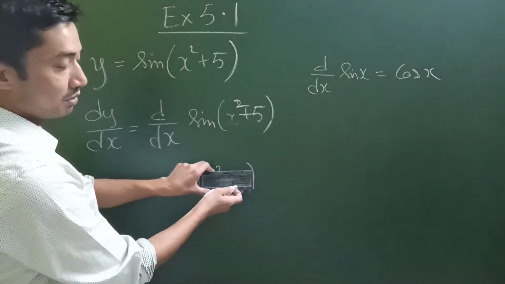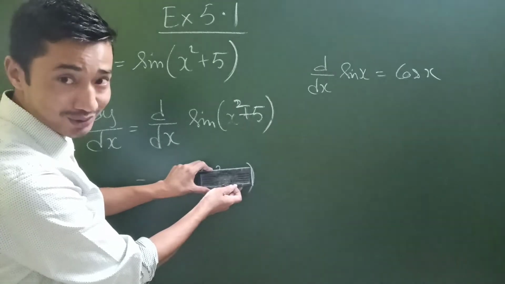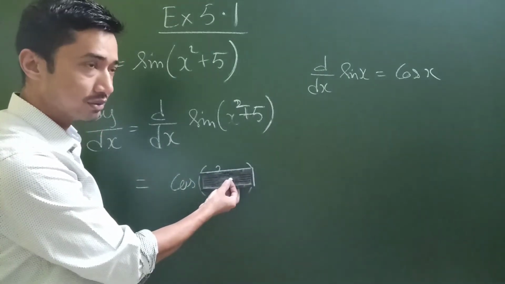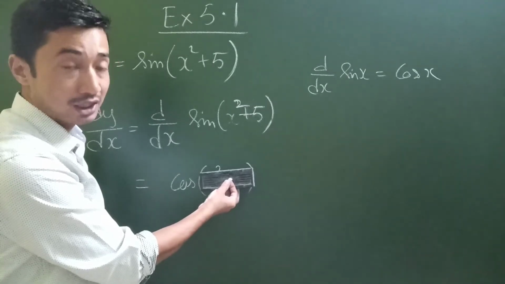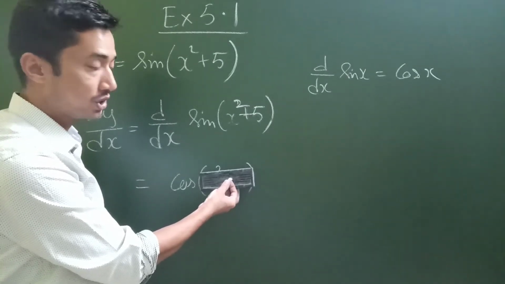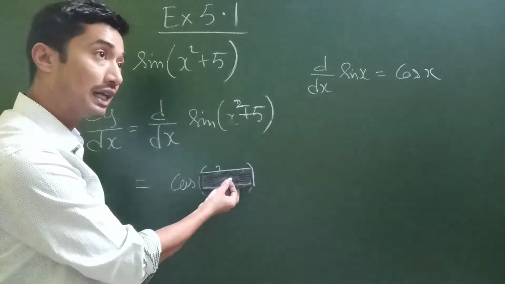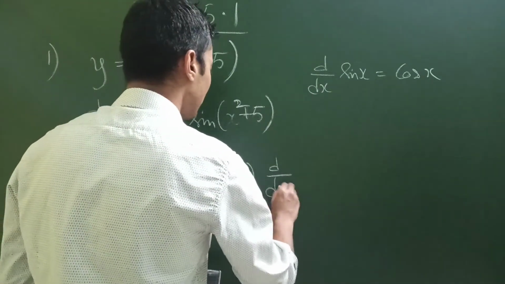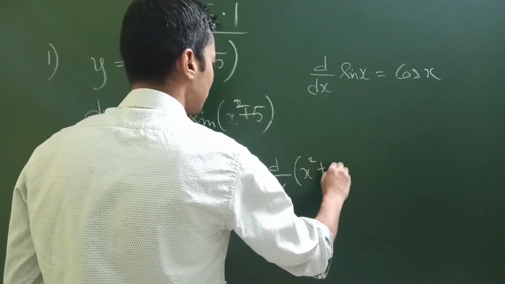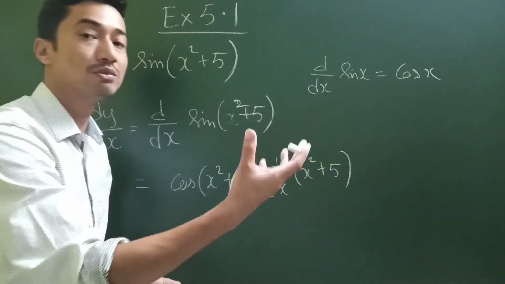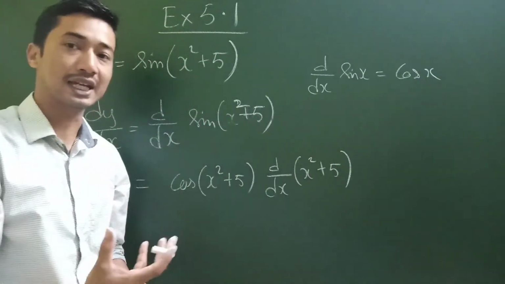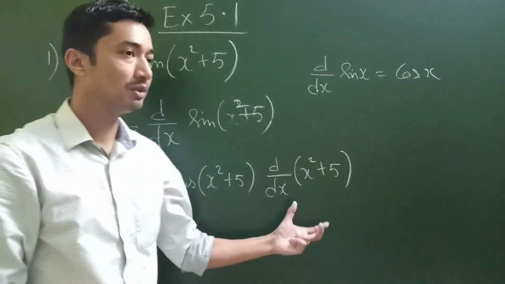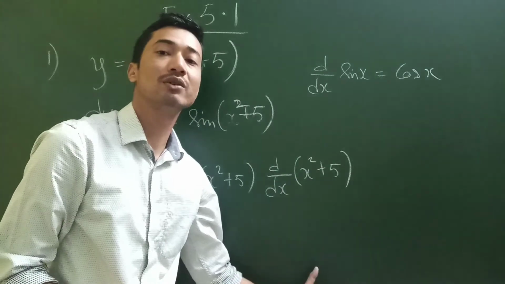x. Still assuming that this is x, but we are fooling ourselves only, right? We know that it was not x. So that value which you considered as x, you will take that out and differentiate. That is the derivative of x squared plus 5, that assumed value that you took as x. That's why it's called chain rule. It depends on how many steps we are going to differentiate.